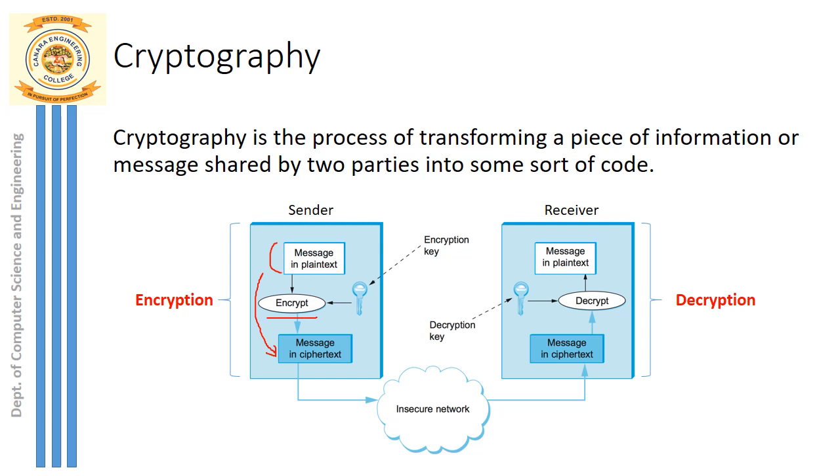This encryption happens at the sender side. The encrypted message is called ciphertext. This ciphertext will be transferred through the insecure network. Even though the intruder tries to access the message, he cannot understand what exactly the message is.